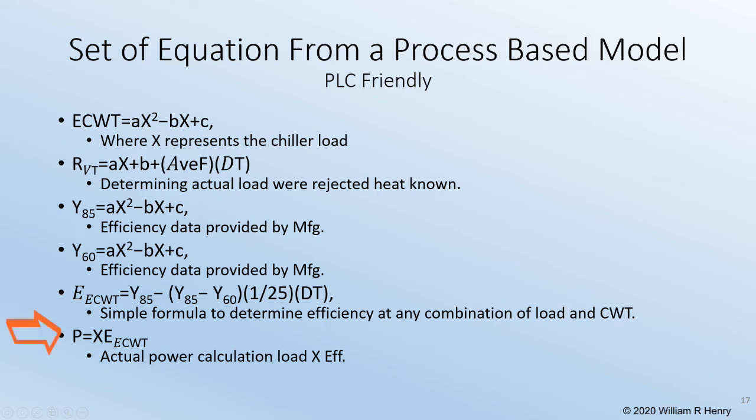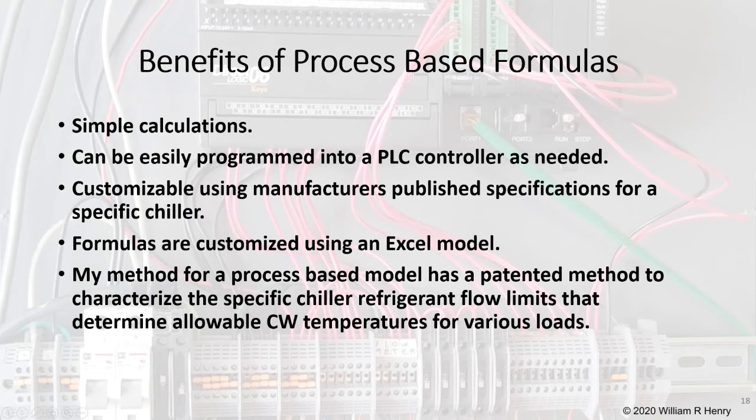Therefore, power demand is a function of load and efficiency at temperature. This process model provides relatively simple equations that can be readily programmed into an off-the-shelf PLC. Therefore, it is ideal for retrofit situations and not limited to proprietary control systems.